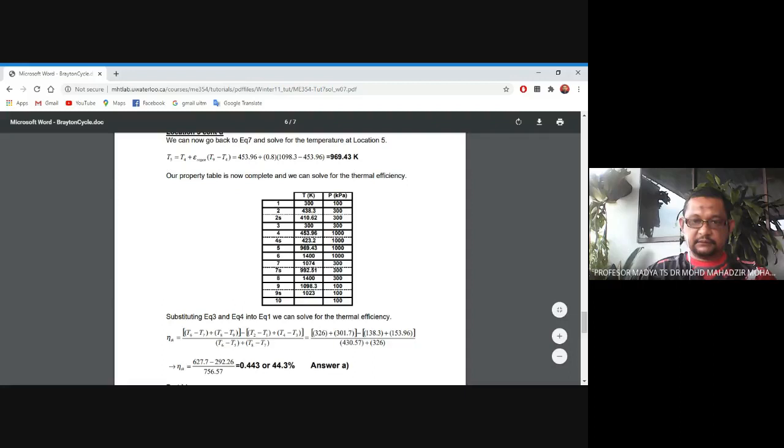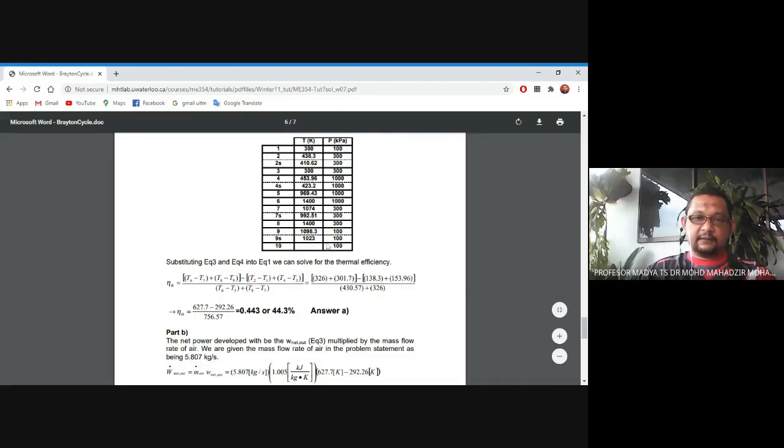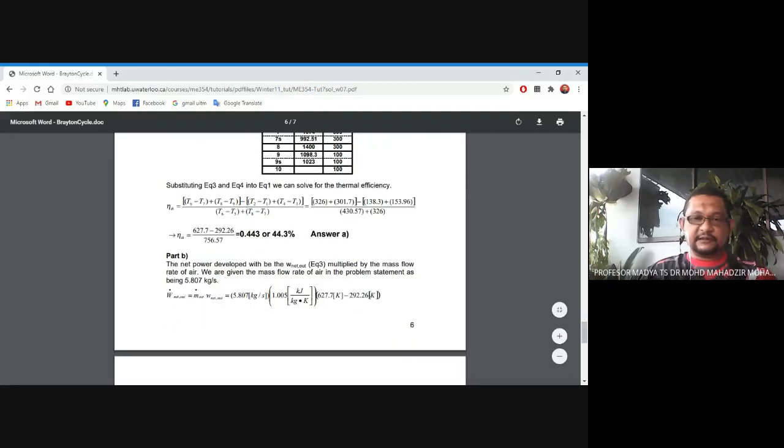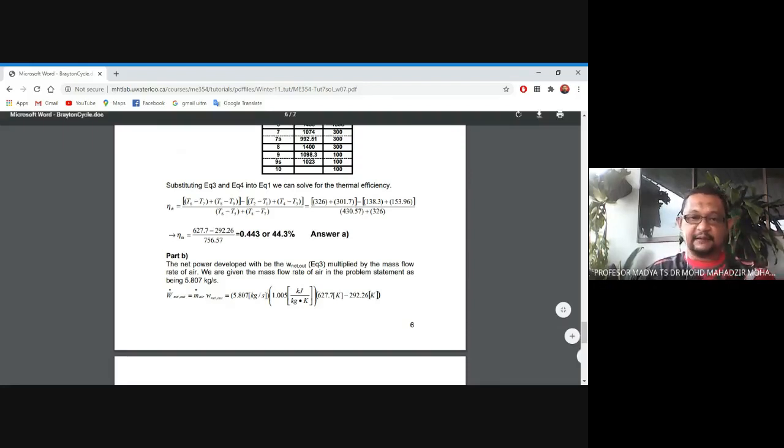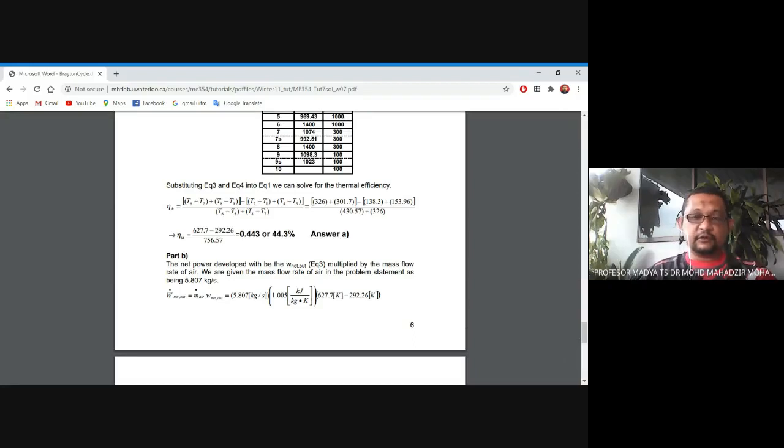Based on the thermal efficiency equation, put all the values together, and lastly you will get the thermal efficiency of 0.443, or times by 100, it gives 44.3%. That is the answer for number 1A.